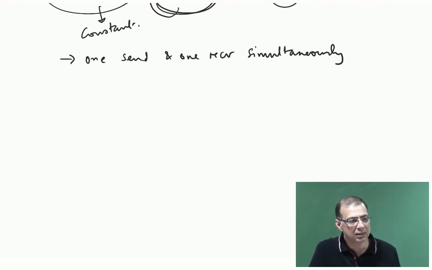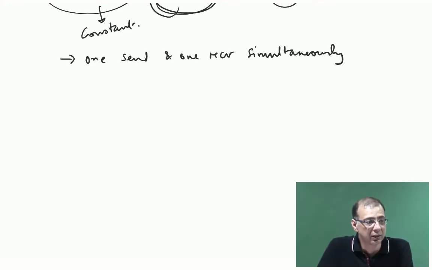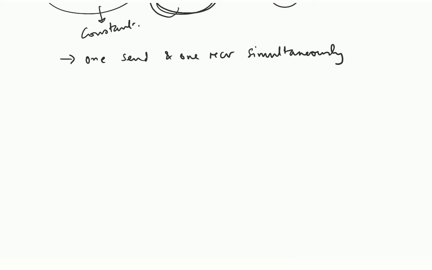So in that sense, this is agnostic to the underlying topology. Given the topology, you could actually do something smarter. This is one basic underlying assumption. It doesn't allow you to do more than one send at a time, or more than one receive at a time, but you can do a send and a receive in parallel. Okay?